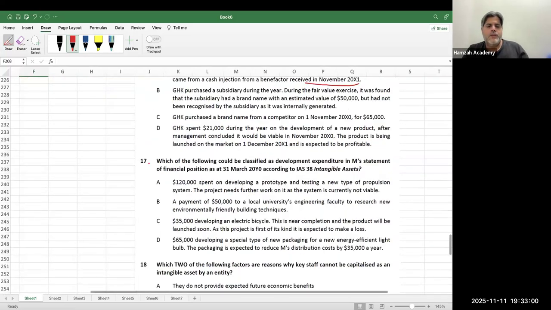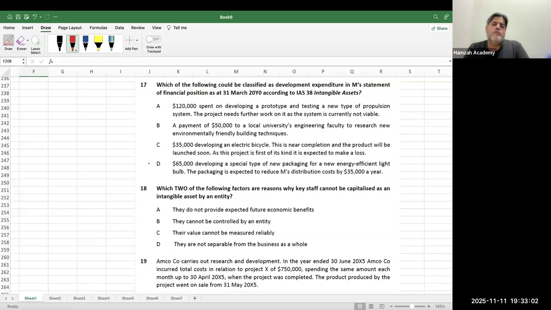Okay. Now we have question number 17. Which of the following could be classified as a development expenditure in M's statement of financial position as at 31st March 20Y0 according to IAS 38 intangible assets?